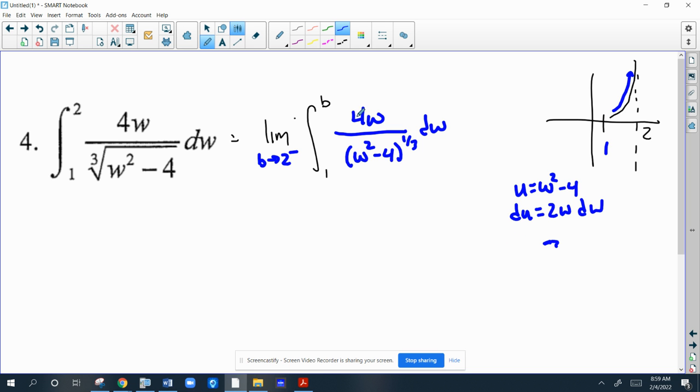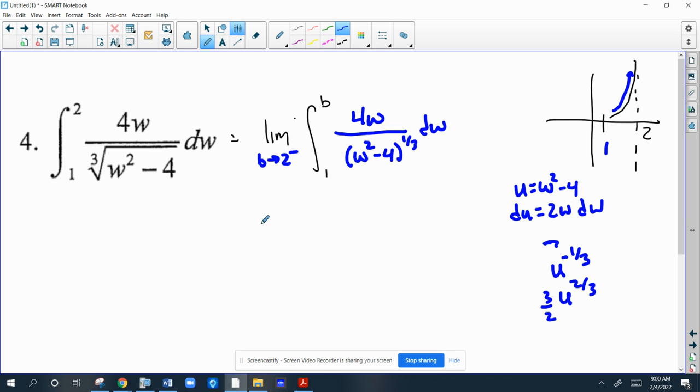So since we have the 4 up there, 4 divided by 2 is 2. That's going to be the constant that's left over. And then we're integrating u to the -1/3. If you need to do this step by step, do it that way. But u to the -1/3 will integrate to be u to the +2/3 times 3/2.